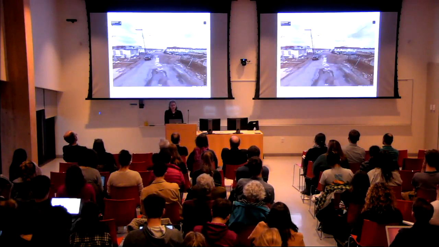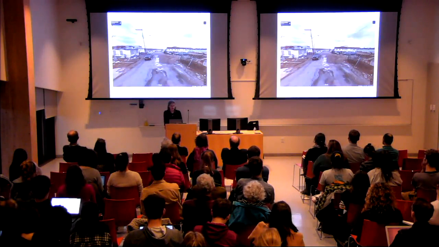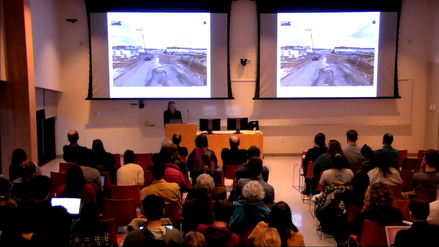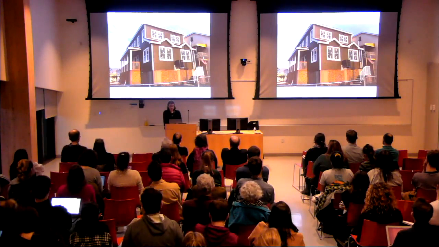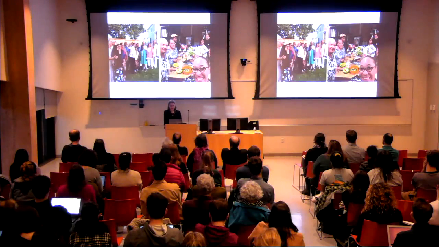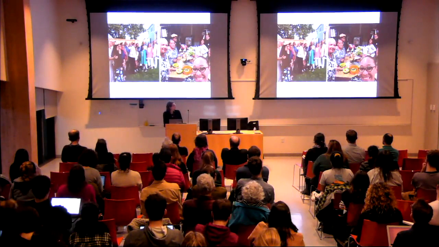And so going back to Sonia and her house, we moved her about 5 blocks away. So this is where she was before. This is her house afterwards. And this is her hosting her daughter's wedding.